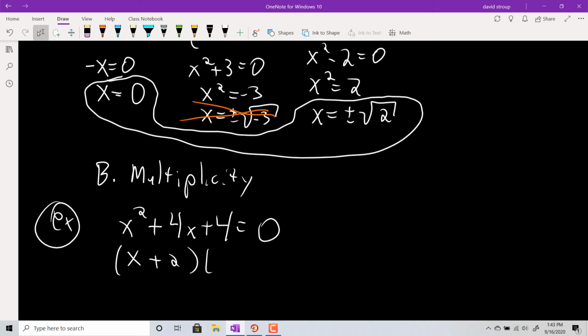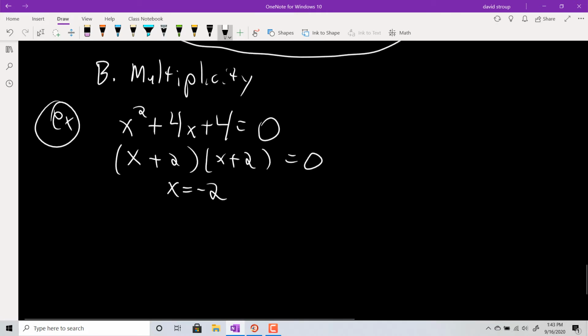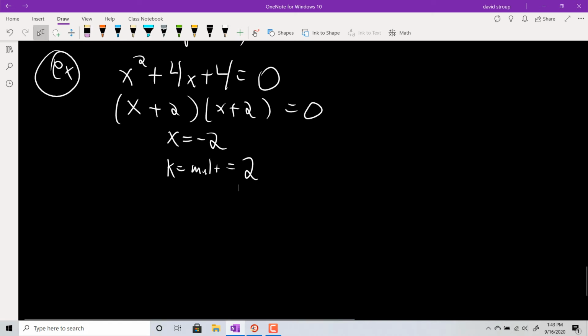So (x plus 2)(x plus 2) is 0. And you get x equals -2, and then x equals -2. So this has multiplicity 2, and they use the variable k for multiplicity. So k equals multiplicity, and in this case it's 2, because there are 2 of them in your factorization.